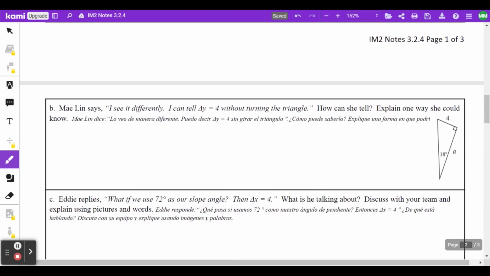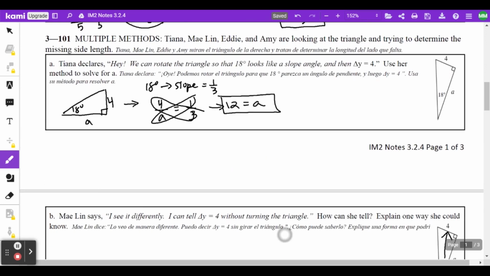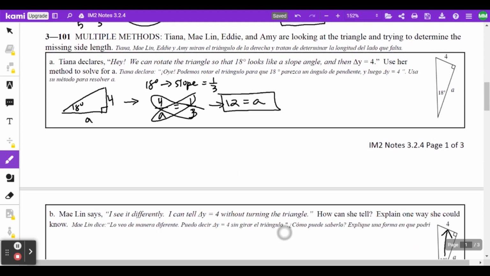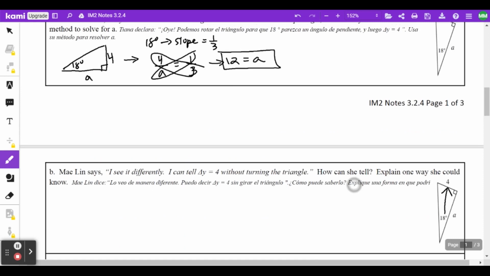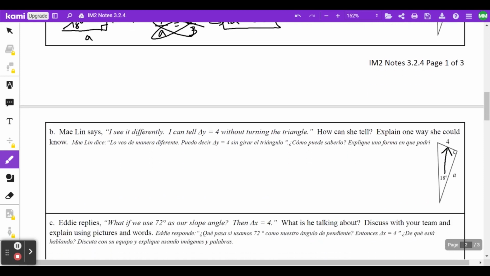Maylin says, I see it differently. I can tell that change in y is 4 without turning the triangle. How can she tell? Tiana rotated it, but Maylin could tell without rotating.